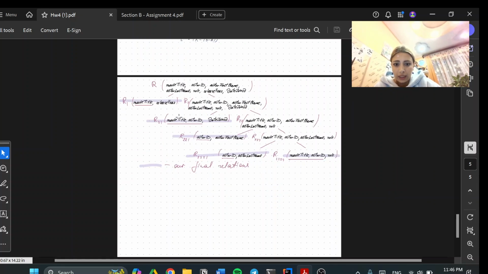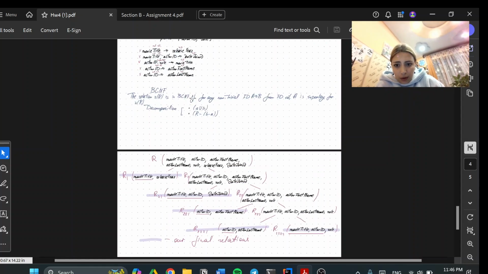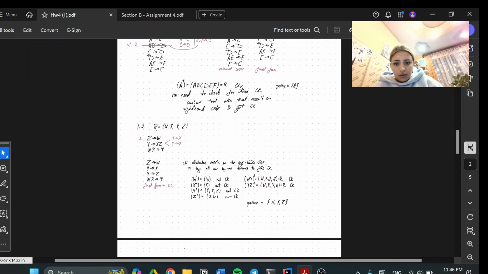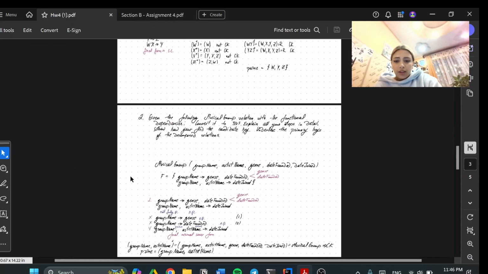So all the left parts of our tree and the last right part are our final relations. R1, R21, R221, R2221, and R2222 are our final relations that will give BCNF. This is the whole homework. Thank you for watching.